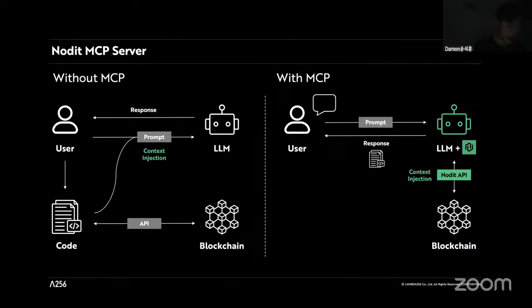It doesn't scale well. But on the right side, with MCP, the model can call Nodit APIs itself through a structured protocol. It decides when and how to fetch data and uses the data on its own in real time. So in short, without MCP, you're doing all the work for the model. With MCP, the model becomes an active agent, one that can ask, fetch, and reason dynamically.